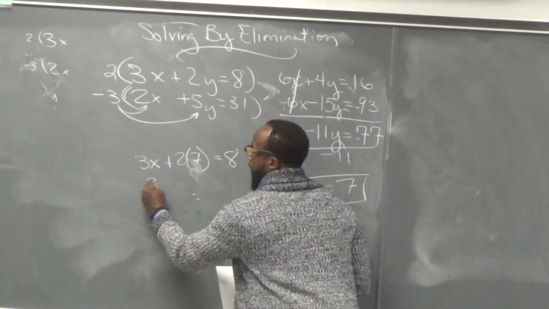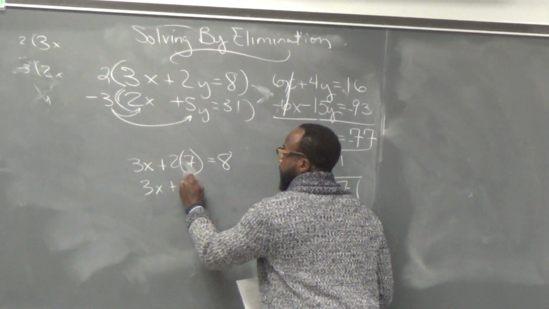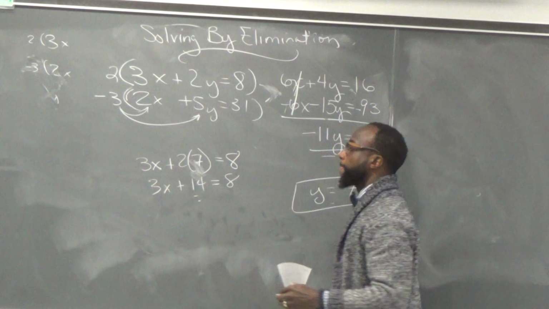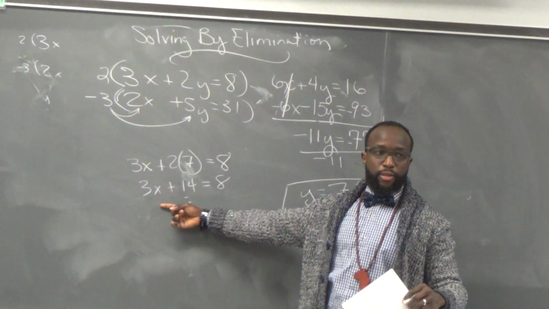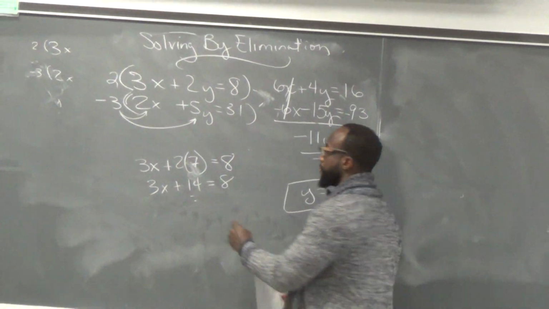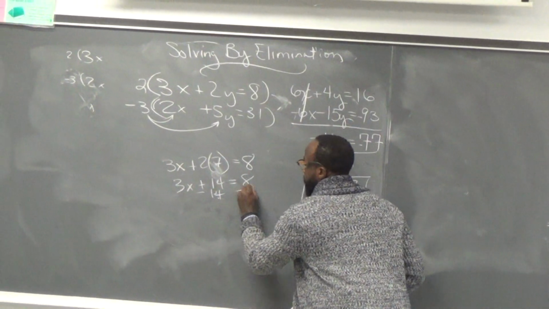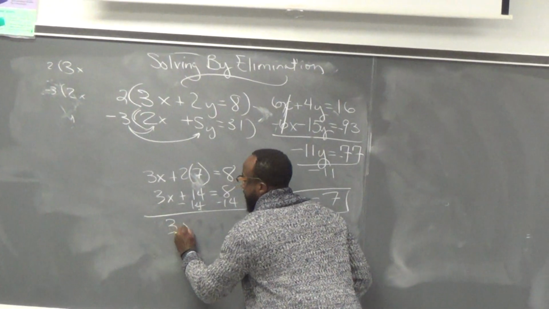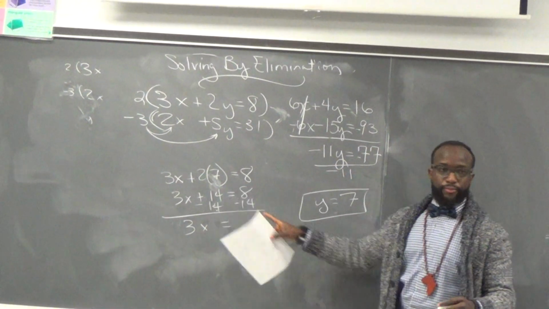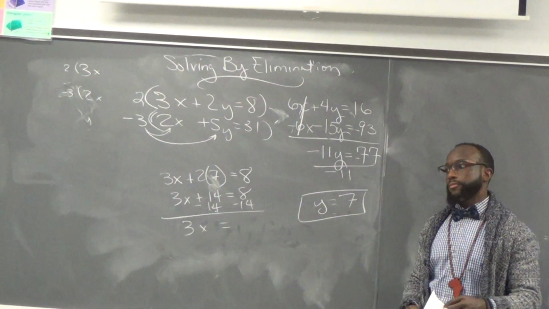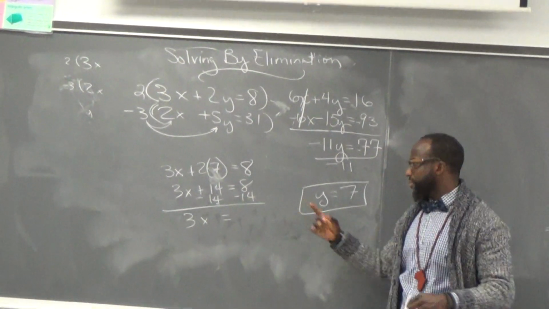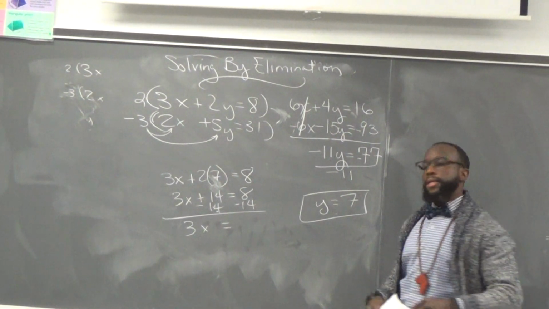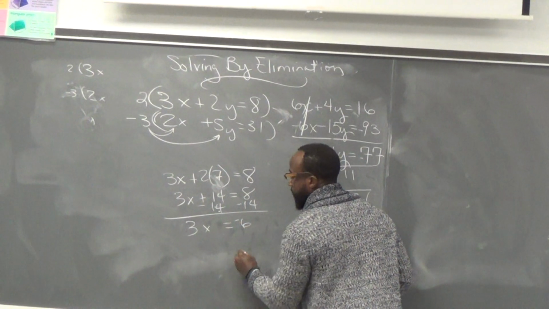So we have 3x plus 14 equals 8. Subtract 14 from both sides. 8 minus 14 is negative 6. So 3x equals negative 6.